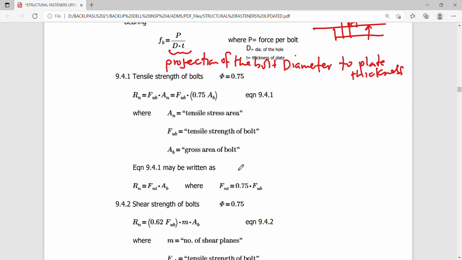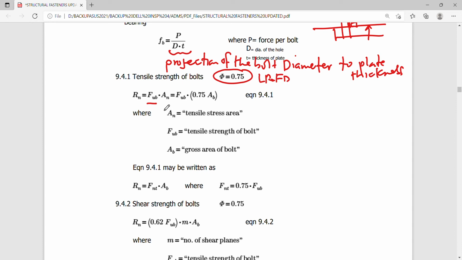So we also have the tensile strength of bolts in terms of the LRFD condition. You'll be using a phi equivalent to 0.75 as your reduction factor, considering this as your LRFD reduction factor. So the nominal strength is simply equivalent to the ultimate tensile strength of your bolt multiplied by the area of the bolt.